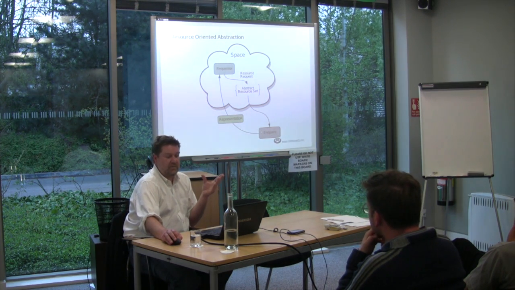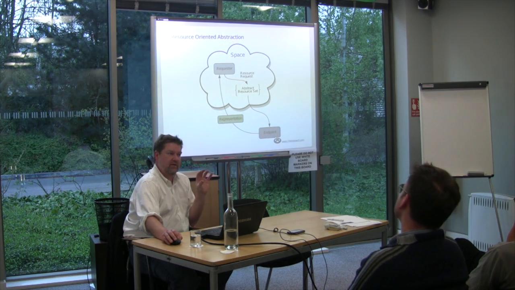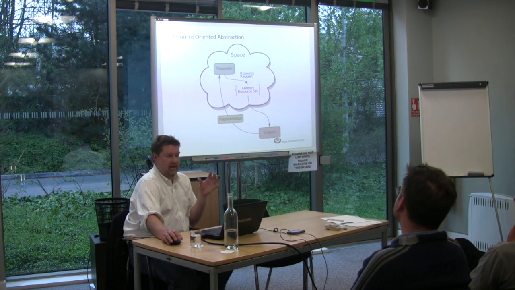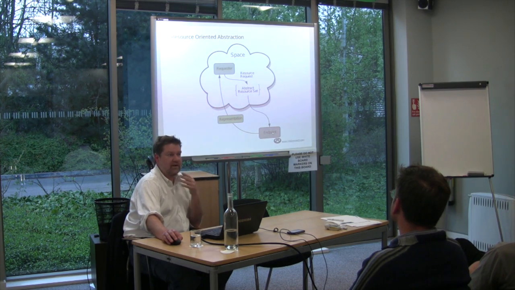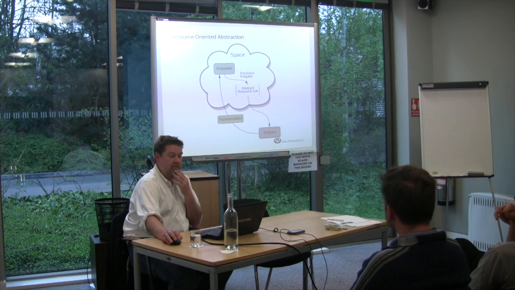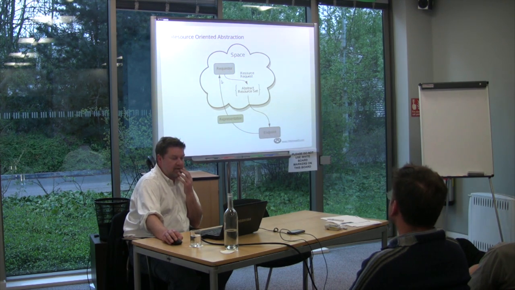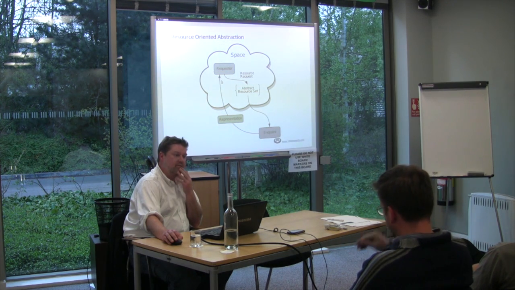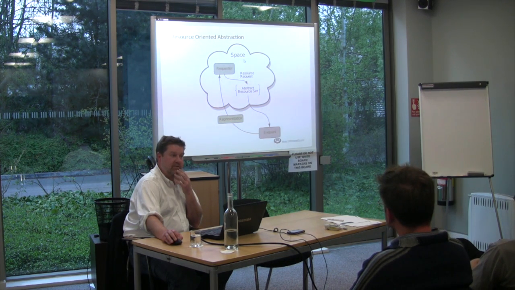So rather than the web server being an exit route off the web, why don't we say it's an on and off ramp? It can go back into the web. It can make more requests for more information. So that's the generalization. That's saying, look, we can take this web idea further. We can liberate ourselves from a single space, and we don't have to leave it. We can carry on being in it if we want to.